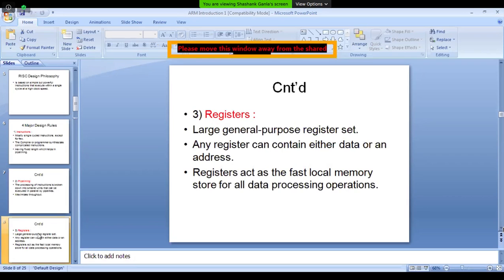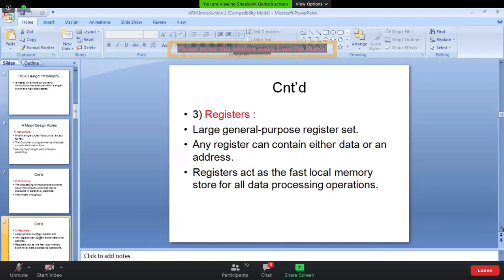Next, look at the third, what we call a design philosophy. Now, CISC architectures have a large instruction set, but when we compare an 8-bit CISC architecture with an 8-bit RISC architecture, or a 16-bit CISC with a 16-bit RISC, or a 32-bit RISC with a 32-bit CISC, the number of internal core registers present in the RISC architecture is usually more than in the CISC architecture.